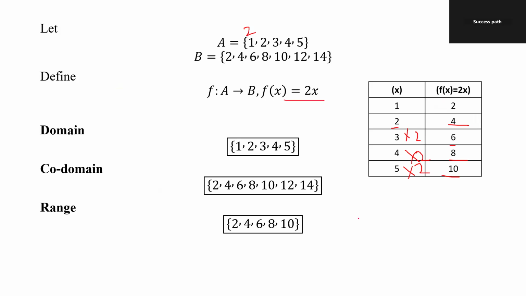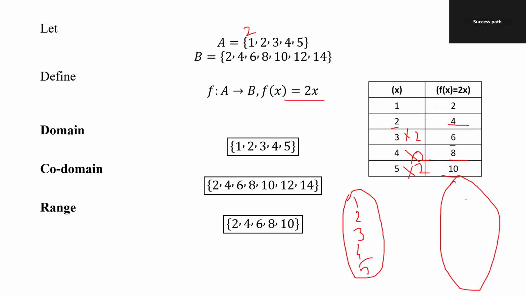Suppose for example you want to draw the diagram. In the domain, we have to write 1, 2, 3, 4, 5. In the codomain, what will happen? Here we write 1, 2 up to 14. I am writing 2, 4, and in the middle 5, 6, 8, like this up to 14.